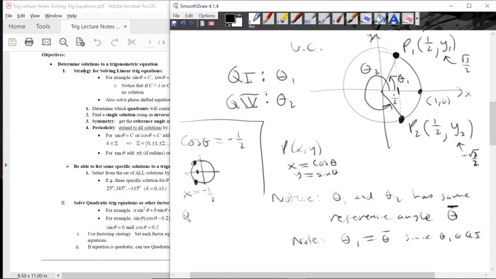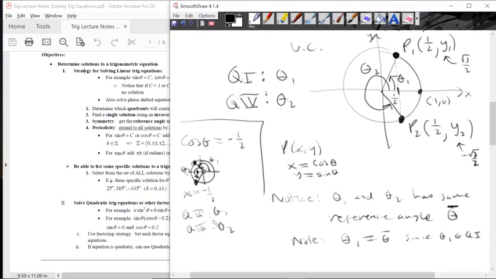And that means that we would be in quadrant 2 and quadrant 3. So I may call the quadrant 2 solution theta 1. That would be this angle right here. And then theta 2 could be the quadrant 3 solution, like this angle right here, for example. So there's a quadrant 2 solution and a quadrant 3 solution.